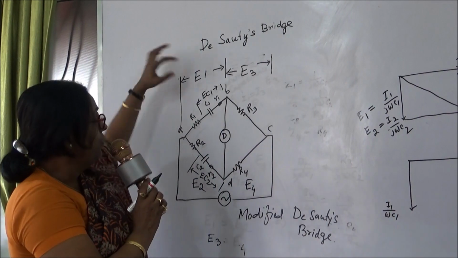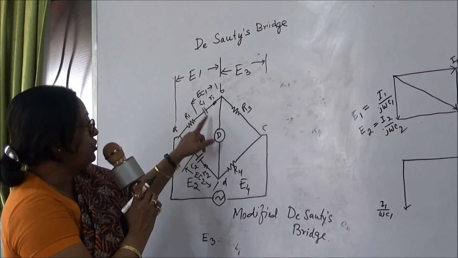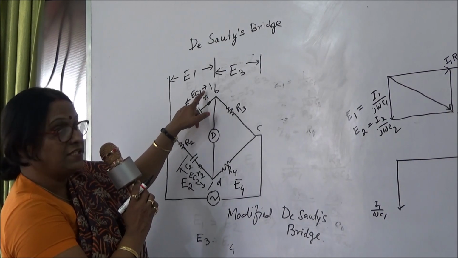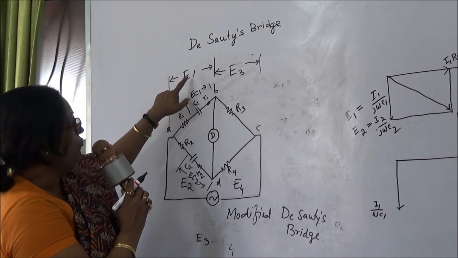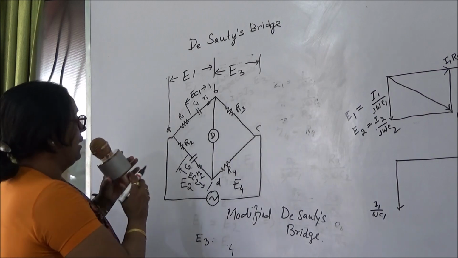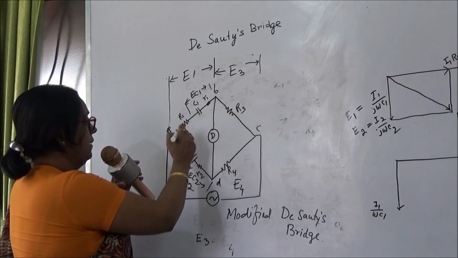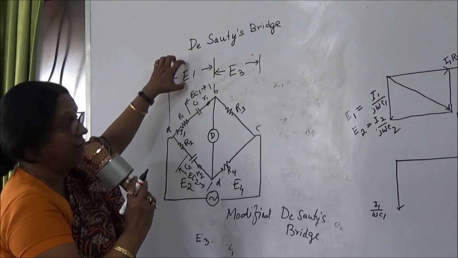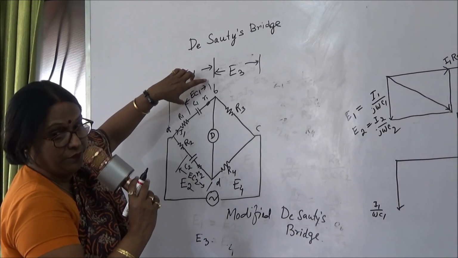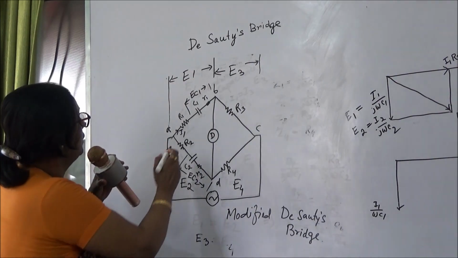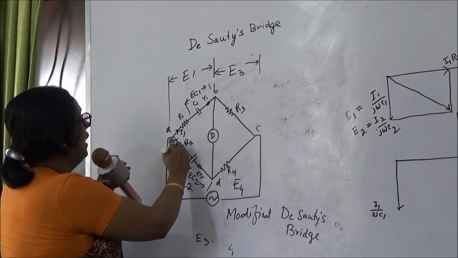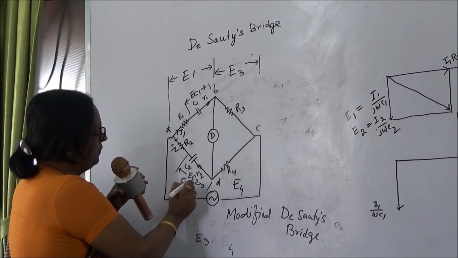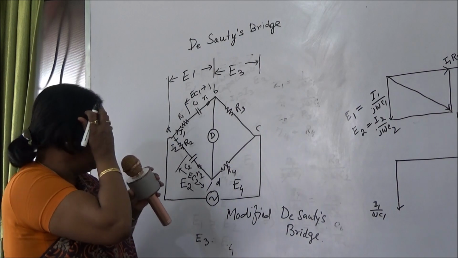See, note down this one. The potential between C1 and this small r1 is EC1. So E1 is equal to I1 R1 plus EC1. Similarly, this is my I2, so I2 R2 plus EC2 is equal to E2.